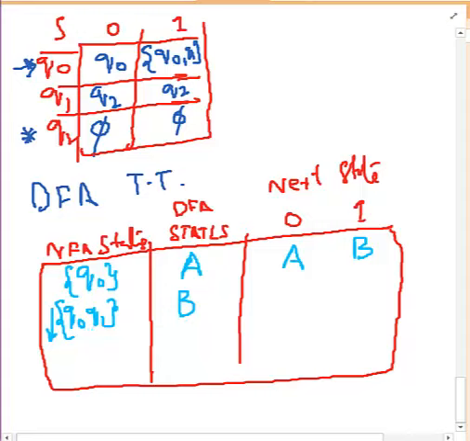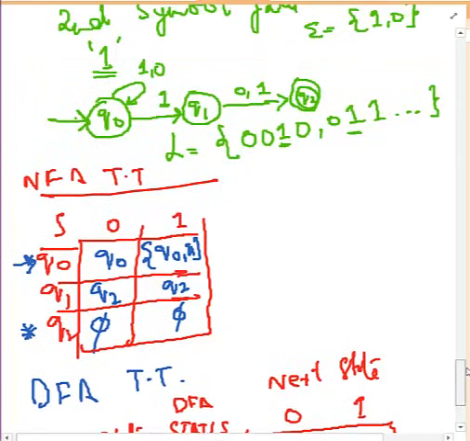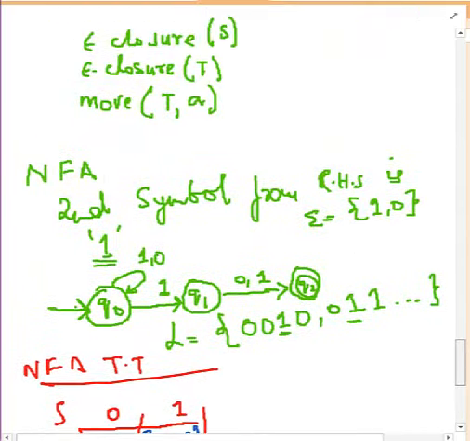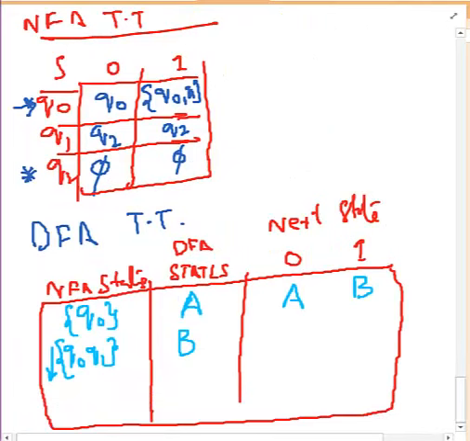So what we have to do is move: the third operation which I was talking about, move on T with the input symbol A. Now here the input symbol is 0. So I have to see where I can reach from Q0 Q1 on taking input symbol 0.